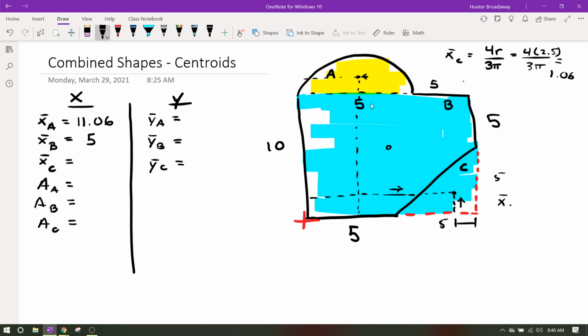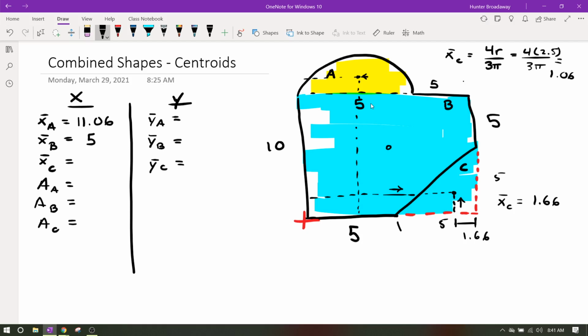So x bar C is going to be equal to 8.33. Are you going ahead and adding them both together? Okay. Do it step by step for me. So this is 1.66, right? Because it's 1/3 of the base. So 5 divided by 3 is 1.66.